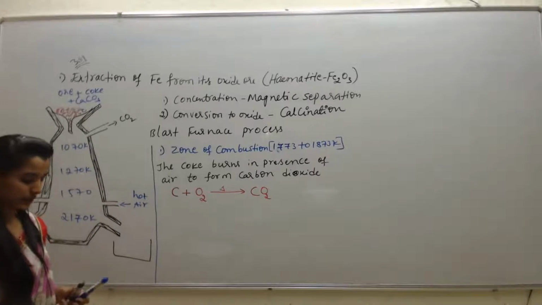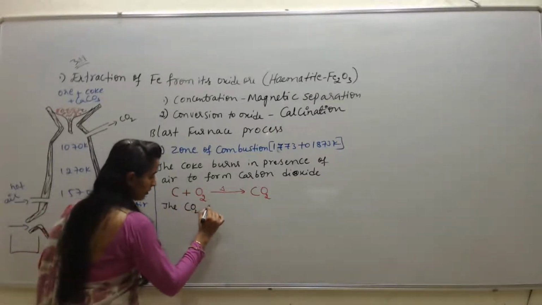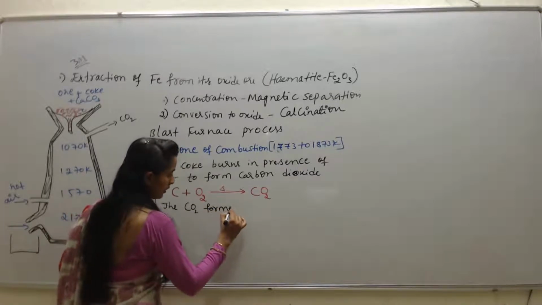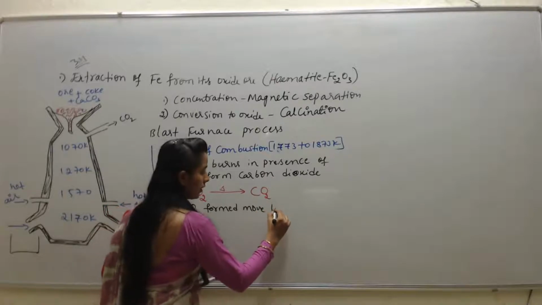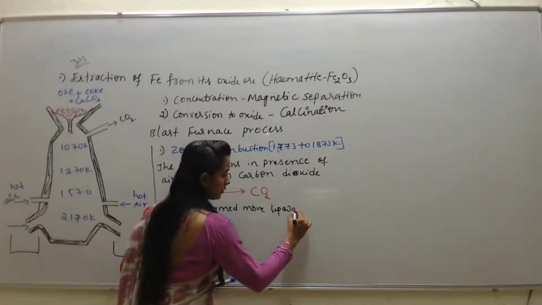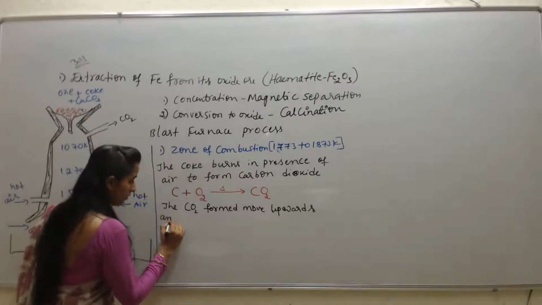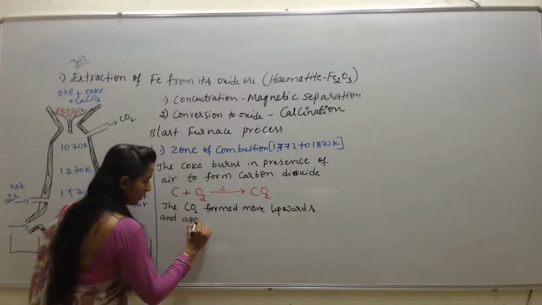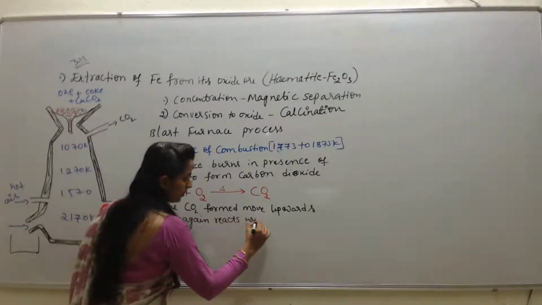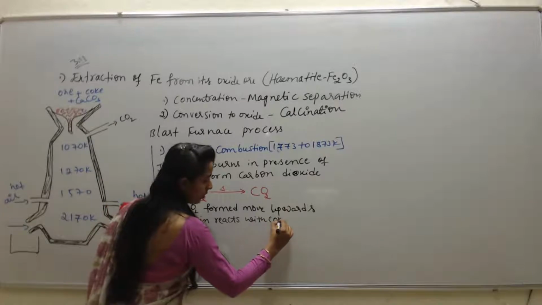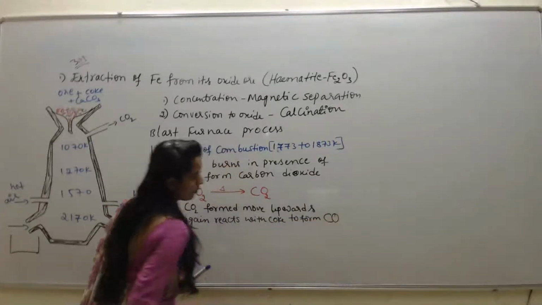Next, the carbon dioxide so formed moves upwards and again reacts with coke to form carbon monoxide.